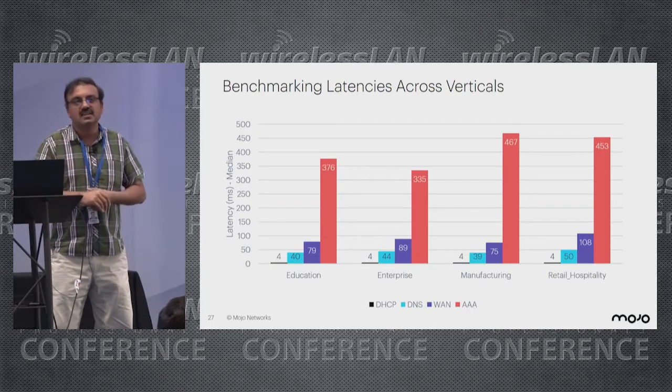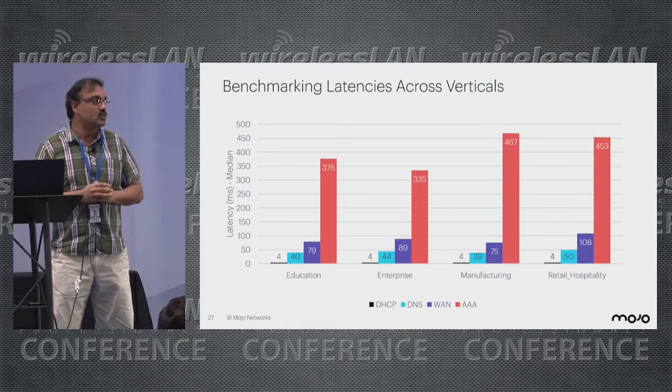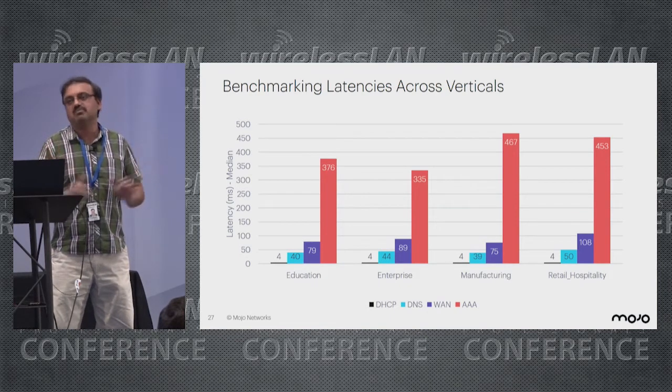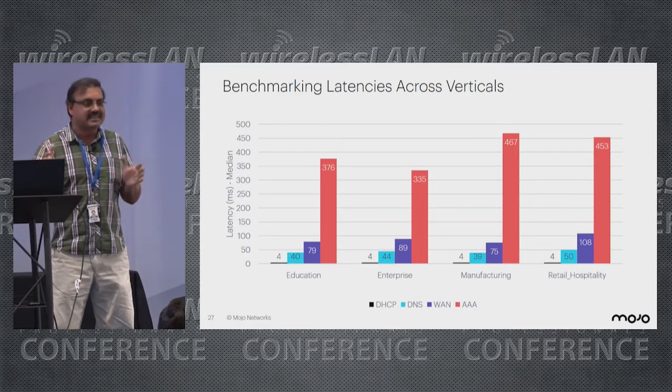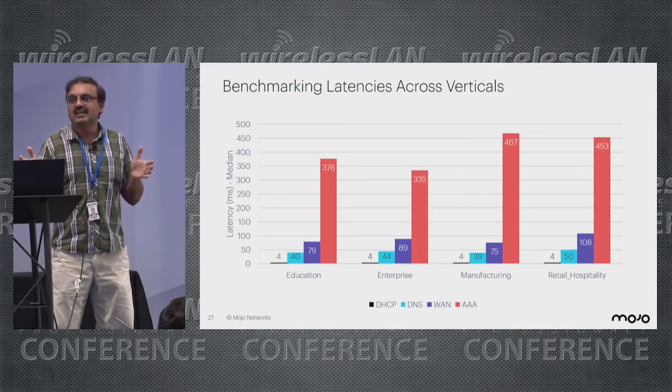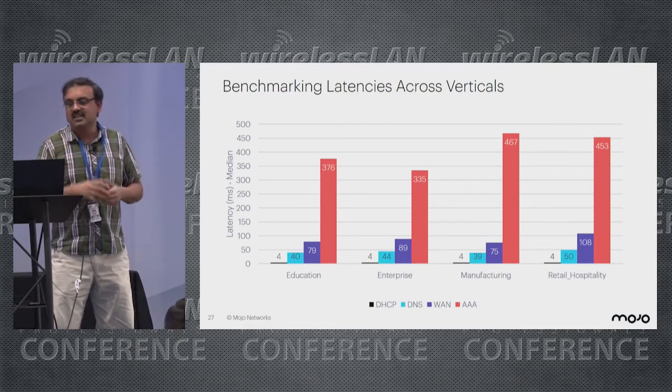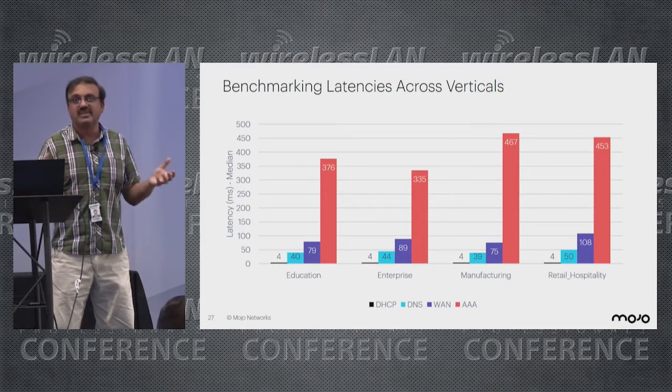The other interesting thing that we can do from these results is see what is the first order parameter that can be tuned to get the maximum bang for the buck in terms of improving network performance. It is very clear that it is the AAA or the RADIUS latency that we need to worry about, and things like fast roaming, right, be it OKC or some of the other 802.11r based roaming, they will definitely help here, right?